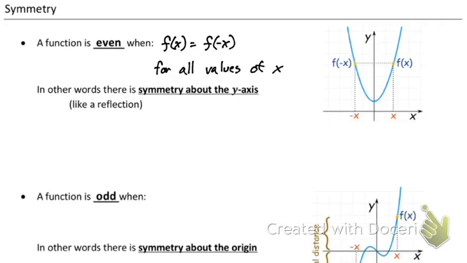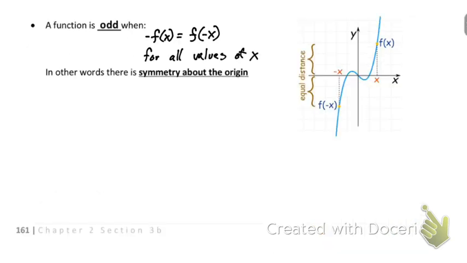So for even functions, you'll get the exact same thing out. For odd functions, you're going to get the negative version out. So once again, if I get 2, 3, if it's an odd function, I know I'm going to get out -2, -3, the negative version of it.